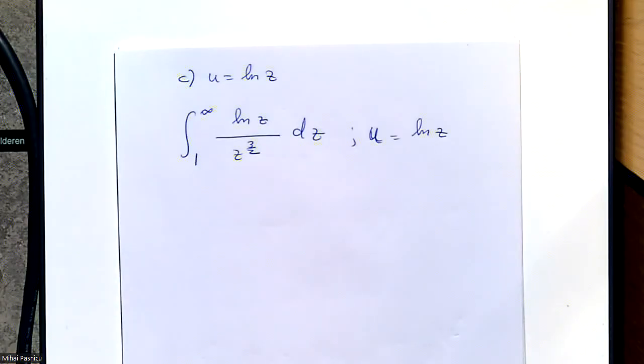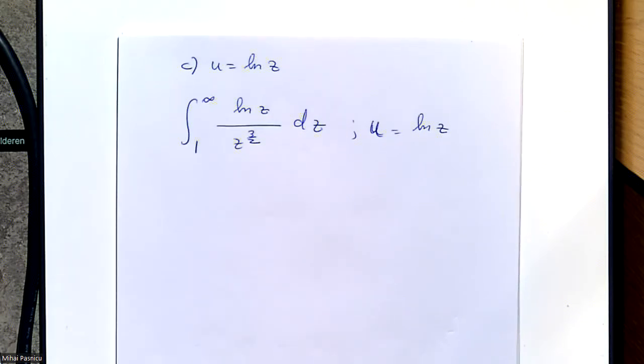I just copied the problem. Okay, so this is what we need to solve. This is partially cheating because they tell us what substitution to use. But I believe you guys could solve it no problem.